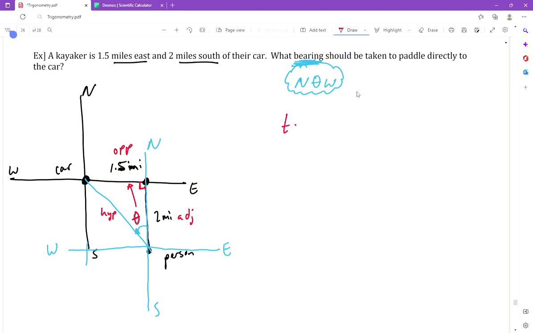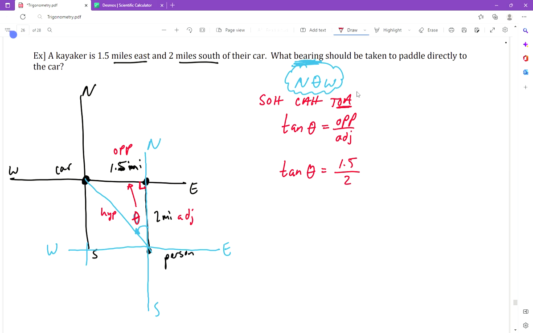It is going to be tangent, but let me mark it right above also. So SOH CAH TOA. Because I have opposite and adjacent, that's what I want to use. So tangent of the missing angle theta is the opposite over adjacent. Tangent of theta is 1.5 over 2.